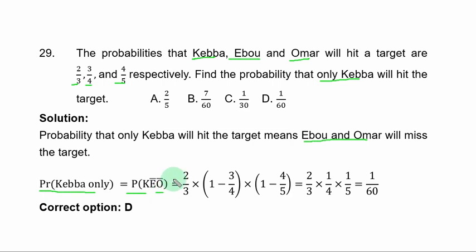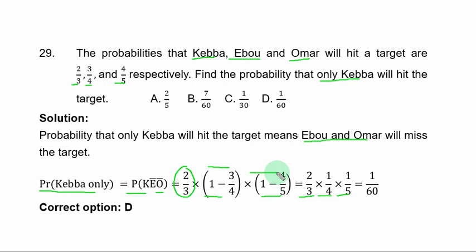So Keba hitting it is 2/3, times Ebwe missing, which is 1 minus Ebwe hitting, times Oma missing, which is 1 minus Oma hitting. So you have 2/3 times 1/4 times 1/5 when you simplify the two brackets.